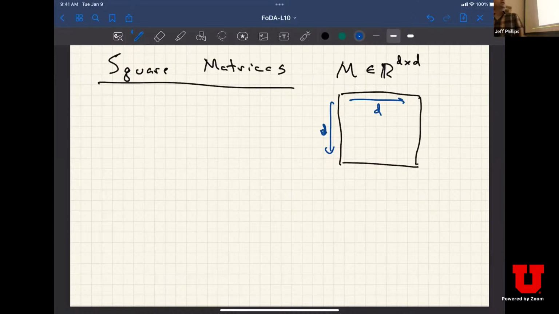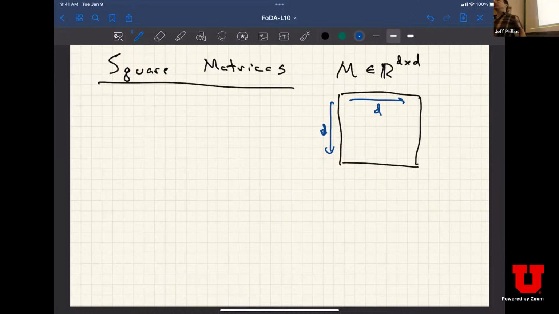There are a number of special cases of square matrices that come up in data analysis. In the case of the rectangular matrices we talked about earlier, we were thinking those were filled with observations. They were n rows and d columns, and every row was an observation with d properties, or attributes, that you are measuring.